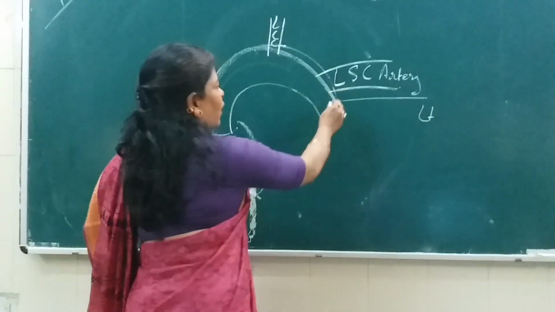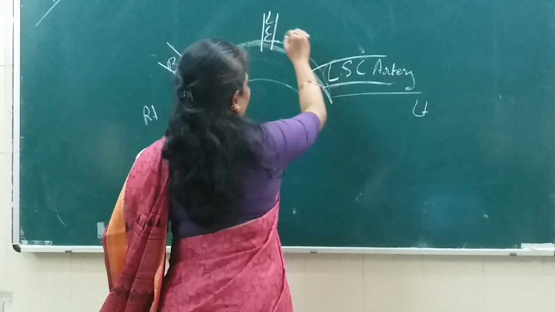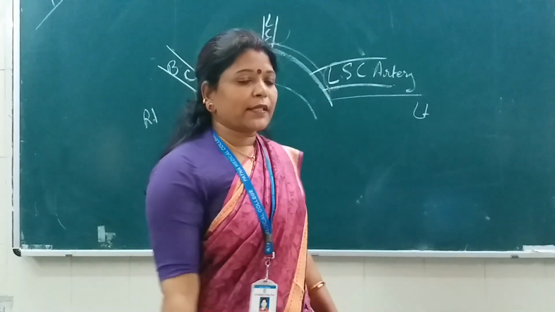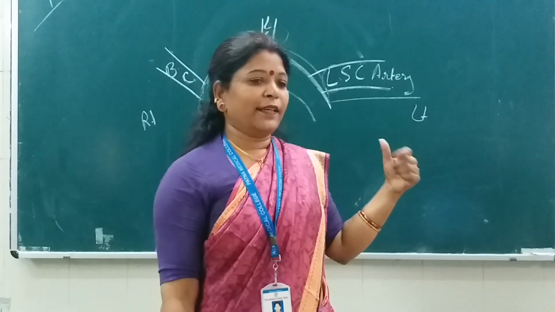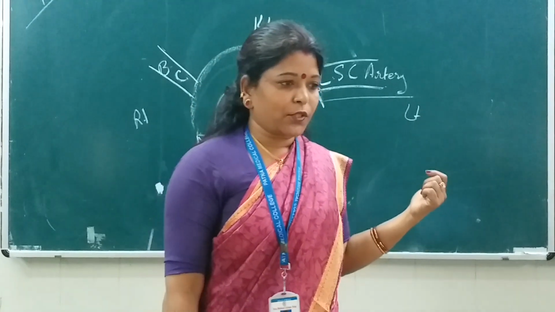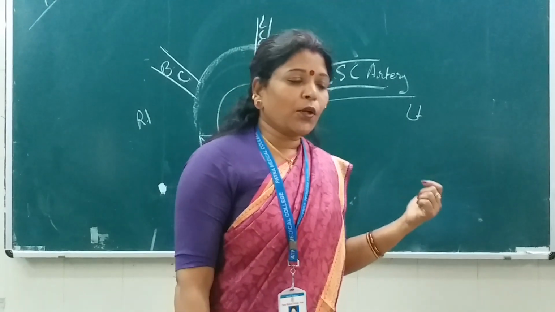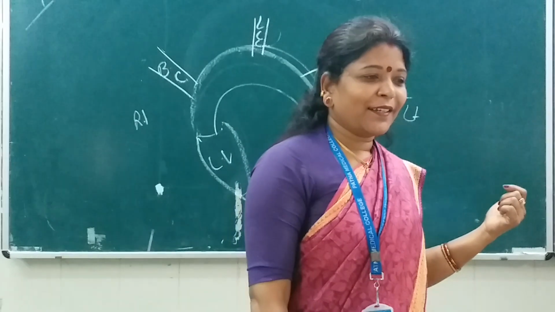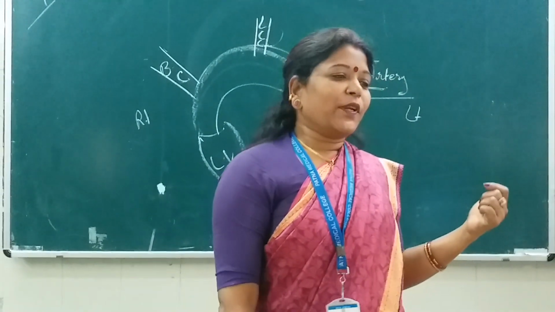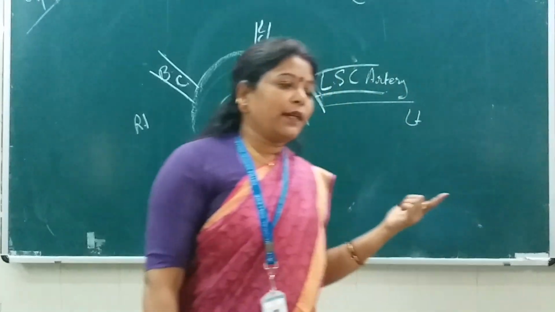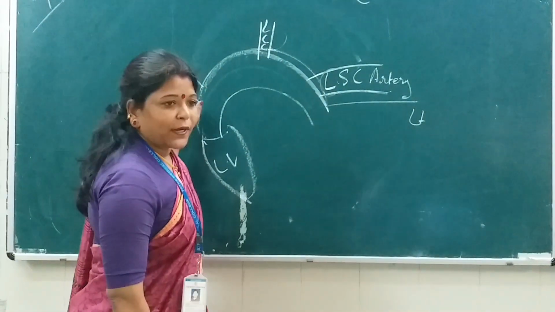There should also be a right common carotid as well as a right subclavian artery, isn't it? Yes or no? Yes, very good. Then where are these arteries? Right common carotid as well as the right subclavian.